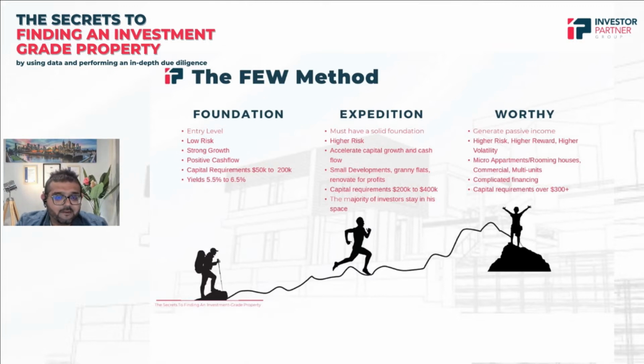It's very, very important that when you are adding foundation properties to your portfolio, you are aiming for growth suburbs and high growth and strong yield positions, so you're not sacrificing your yield in order to build your portfolio, because the foundation of anything needs to be really, really strong.